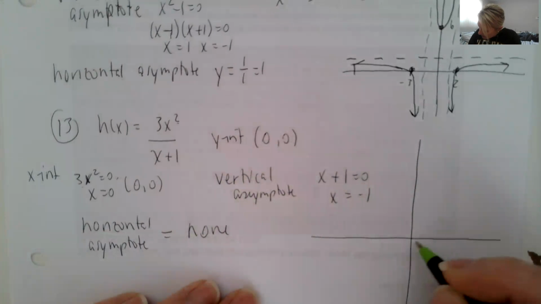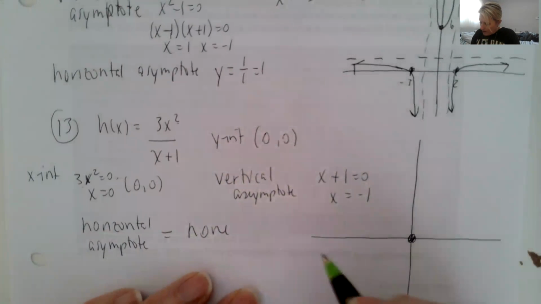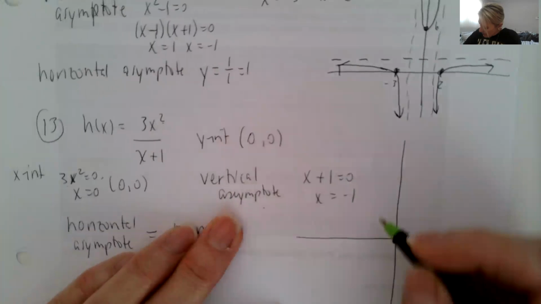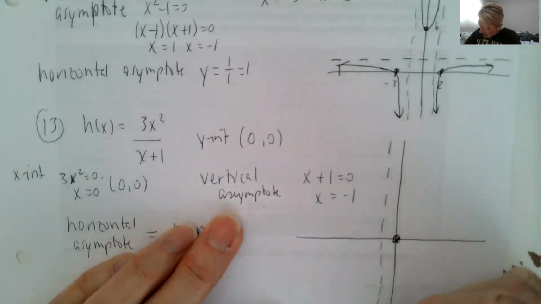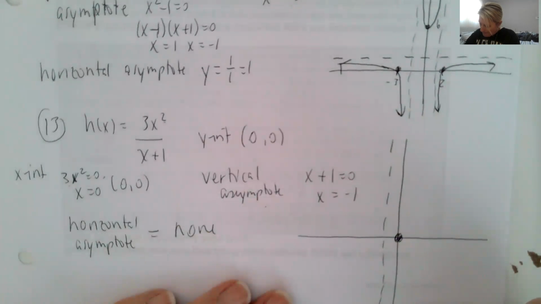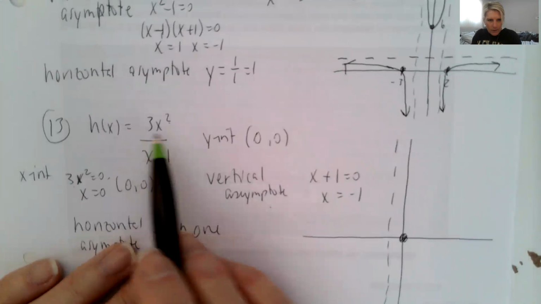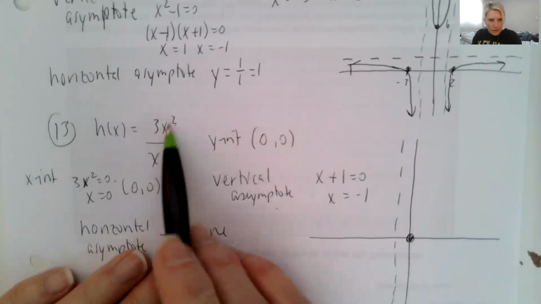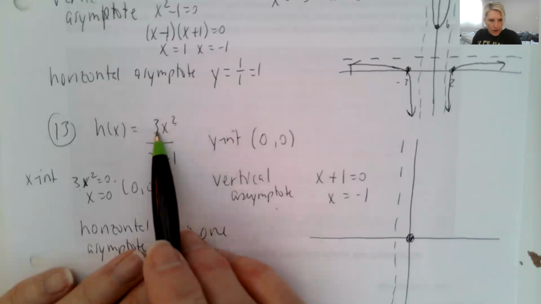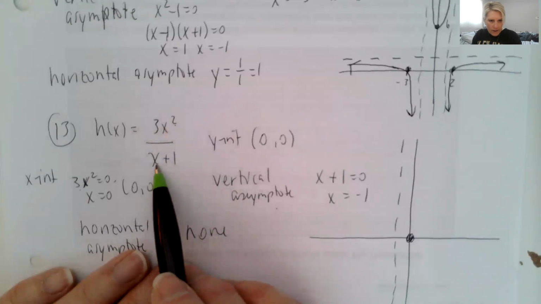So let's just go ahead. There's our x and y intercept. We have a vertical asymptote at x equal to -1. Let's just see. If we put, let's say we put 10 in here, we're going to get 10 squared is 100 times 3 over 11.